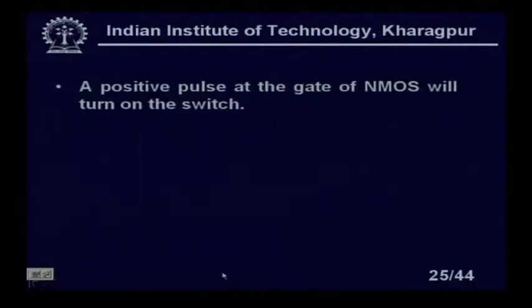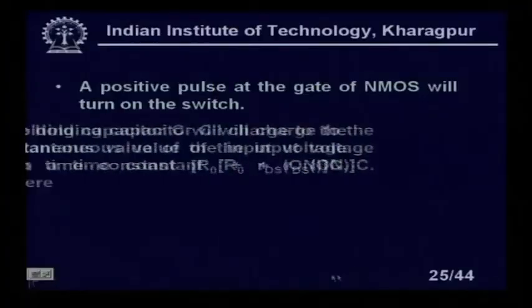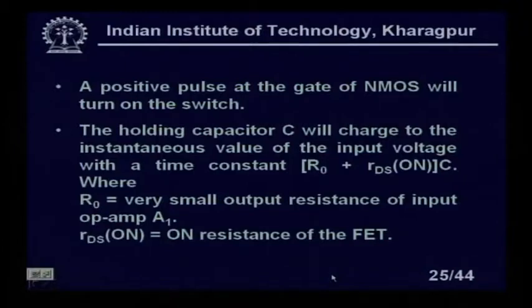Now, assuming it is an NMOS, I have to give a positive pulse, a positive control voltage, at the gate. If I use a PMOS, I have to give a negative signal at the gate. The holding capacitor C will charge to the instantaneous value of the input voltage with a time constant of (R0 plus RDS on) multiplied by C. You know the time constant is basically R into C. Here R0 is very small, the output resistance of the input op amp A1.